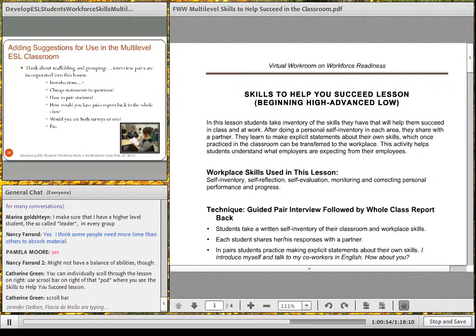One thing I thought about with this lesson, where it says under technique, in pairs, students practice making explicit statements about their own skills. This lesson recommends I introduce myself and I talk to my coworkers in English. How about you?